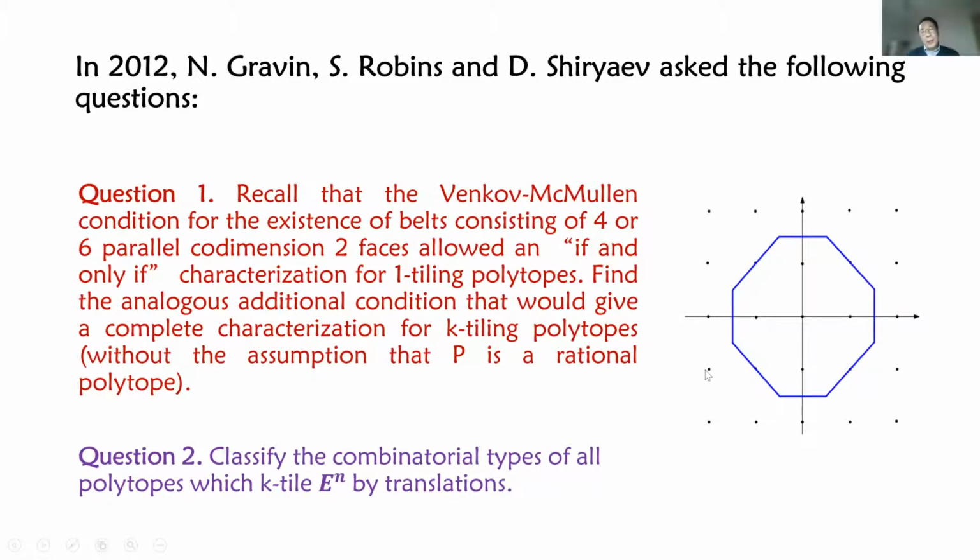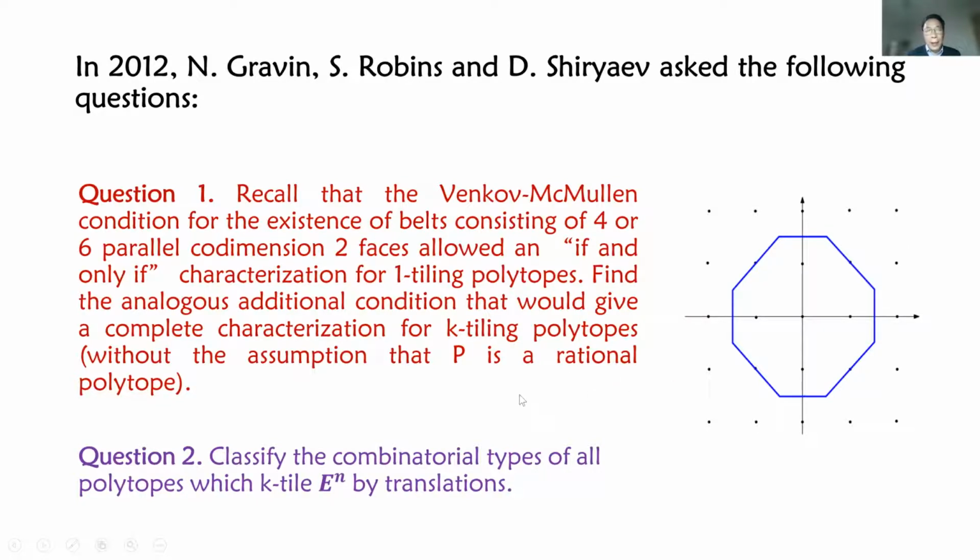At the end of their paper, they ask several questions, in particular these two. They said, compare with the one-fold tiling, in particular the Venkov and McMullen conditions, and they wanted to get an if and only if characterization for this k-fold.